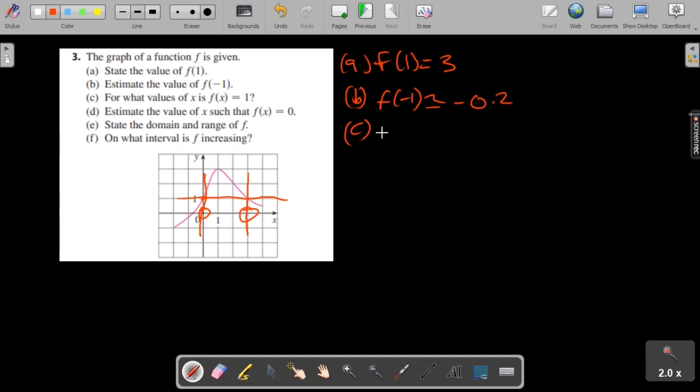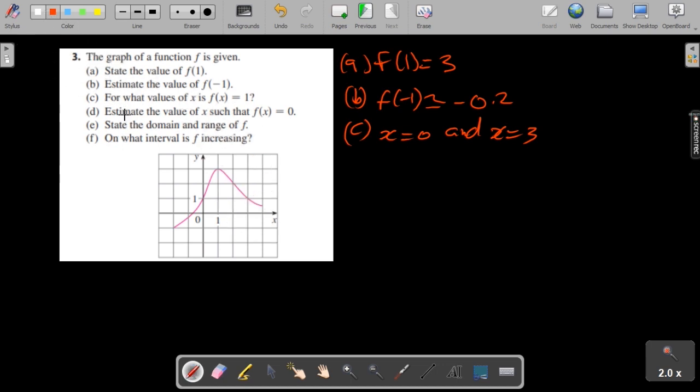So the answer to this is x equals 0 and x equals 3. So they're just asking where you have a y value of 1. So which x values correspond to those points? At this point here, the coordinates are (0, 1). At this point here, the coordinates are (3, 1). So we're supposed to give the x coordinates as the answer.